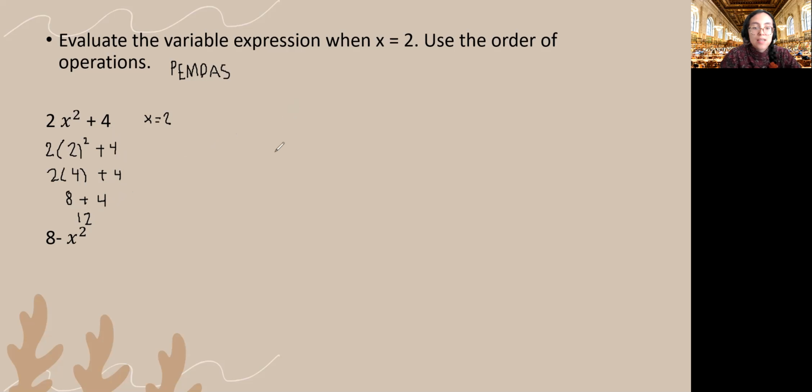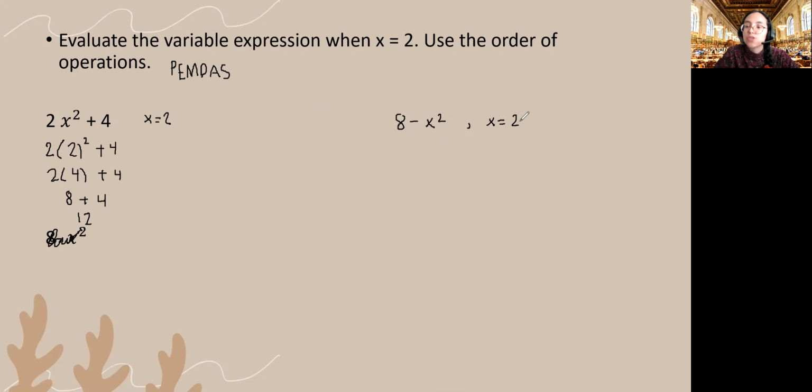Okay, so for our next example, I'm going to write it over here to the right. So 8 minus x squared, and x is equal to 2, and we're asked to evaluate this using the order of operations.